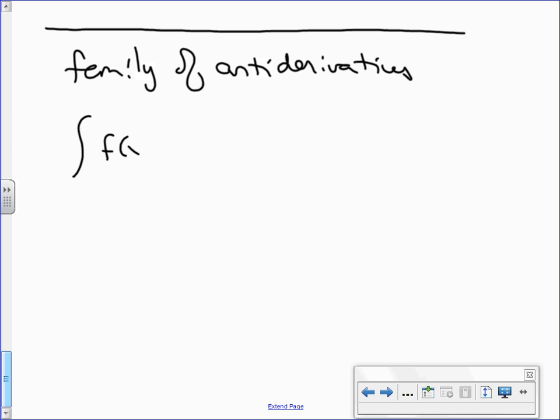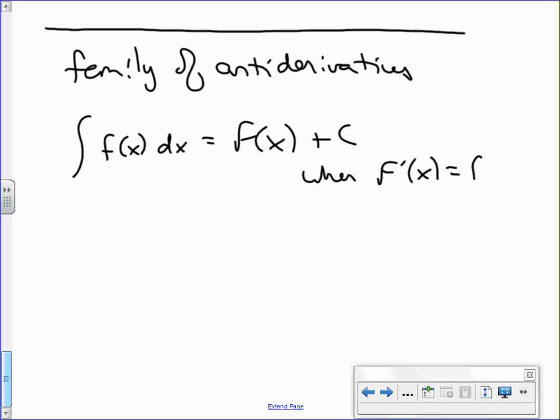If I say the antiderivative of f of x is this, if I tell you this is true, then you know that this is true. That's what you know. If I tell you this, then you know that this has to be true. Okay? And they just differ by a constant.